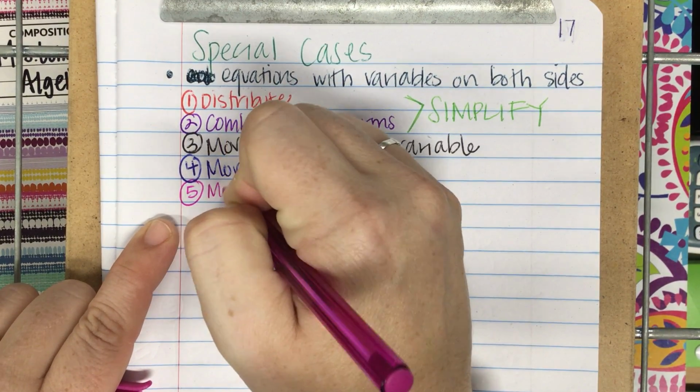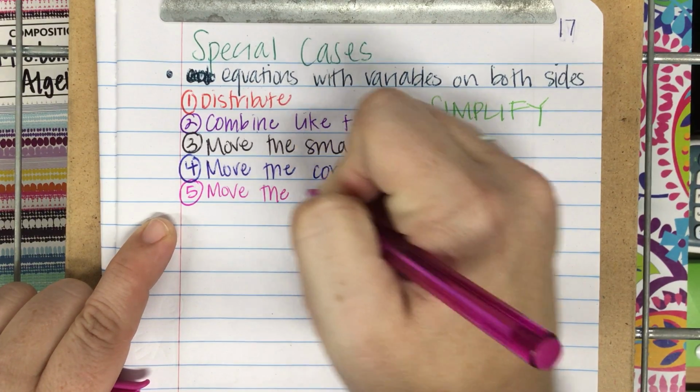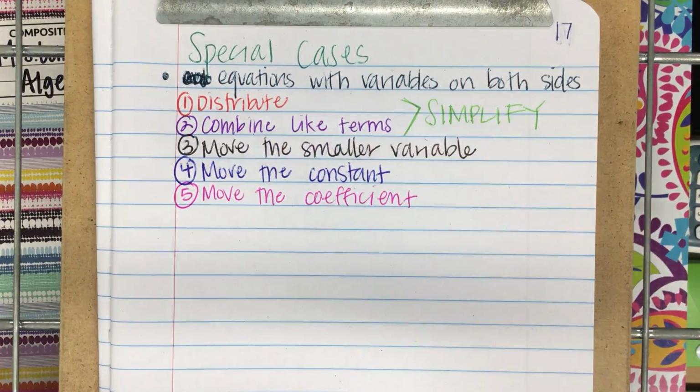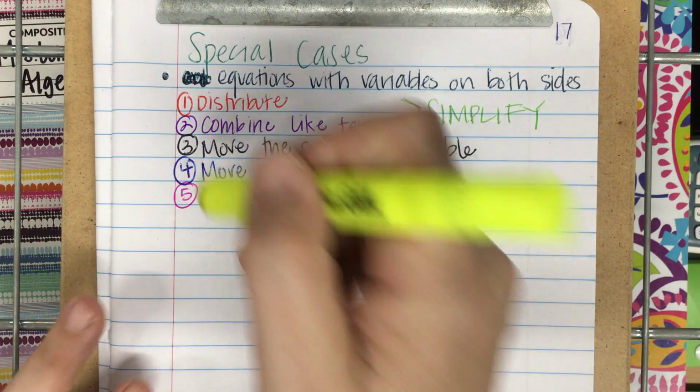However, when it comes to multi-step problems with special cases, you're going to distribute, you're going to combine like terms, but once you get to step 3, this is where it all gets a little wonky.